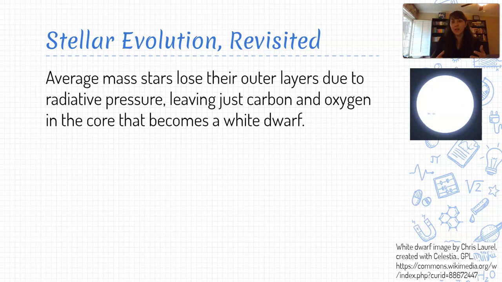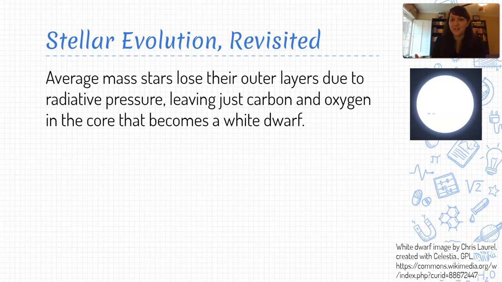Now for average mass stars, eventually the outward radiative pressure is too great for gravity to hold it all in. We lose those outer layers. All that is left is this carbon and oxygen core that's hanging out. There is no longer hydrogen getting fused, and at this point we say that the star has essentially died.